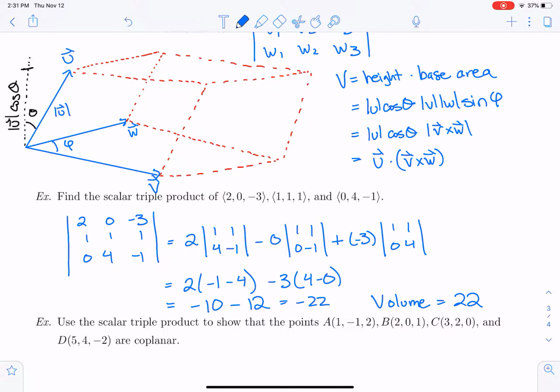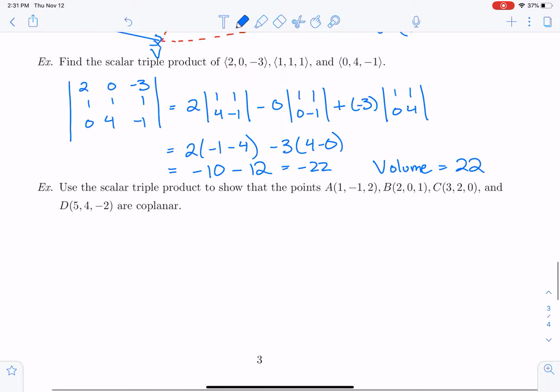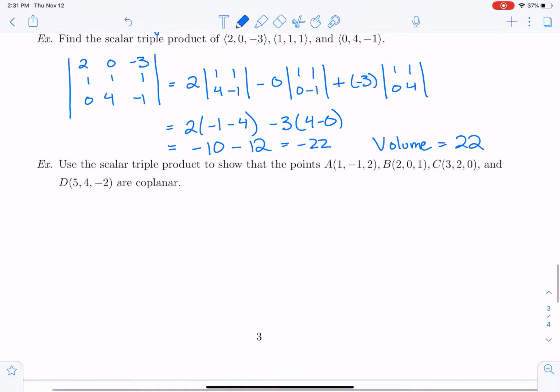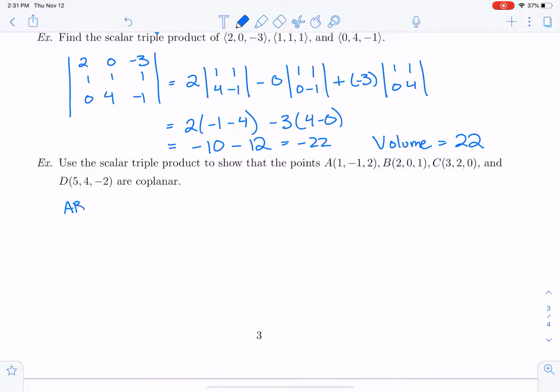Now, we can also use scalar triple products to take 4 points and show that they actually lie in the same plane. So here are these 4 points, A, B, C, and D. And if I look at the vectors, the vector AB in this case, taking B minus A, is going to be 1, 1, negative 1.